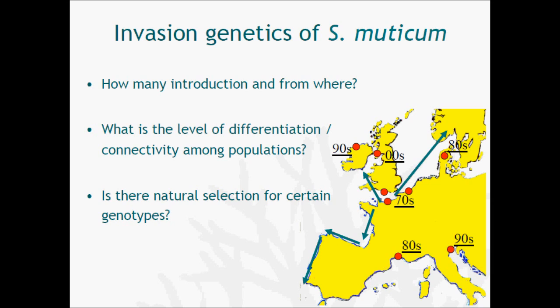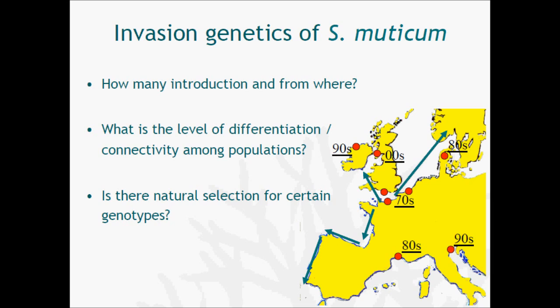I'll tell you later why. But there was an introduction in the 70s here in northern France, and in the 80s there was an introduction in the famous Thau Lagoon, where all seaweeds get introduced. In the 80s, this is not the same, because there were no records of Sargassum muticum along Europe, so it was most certainly a different introduction.